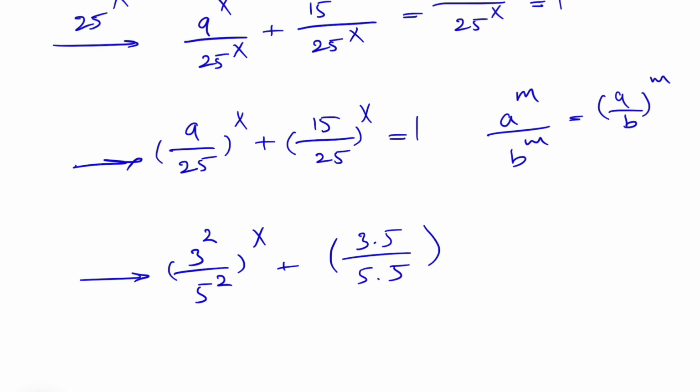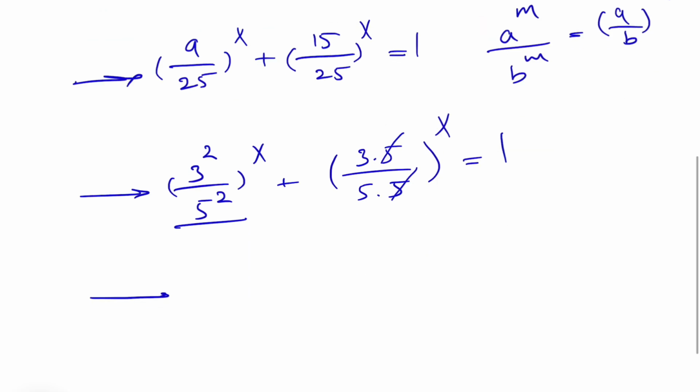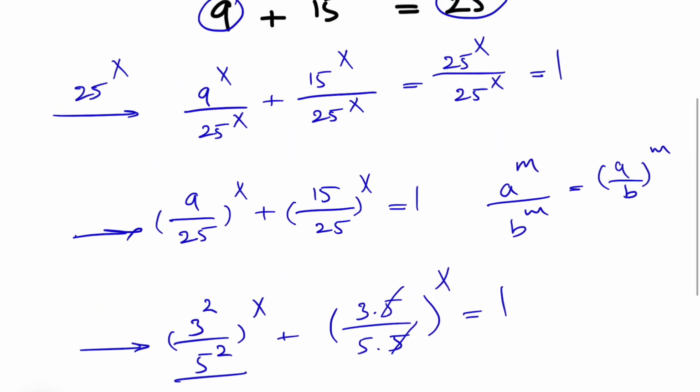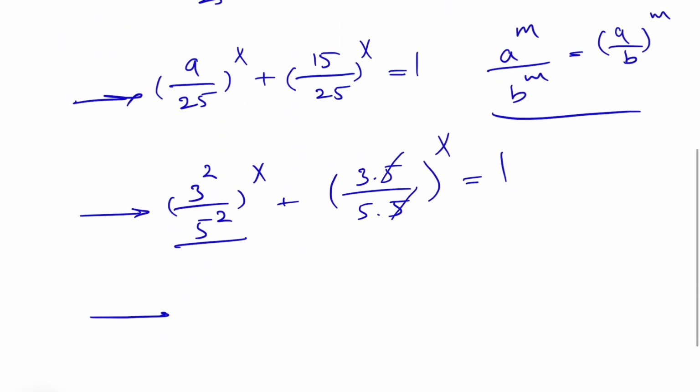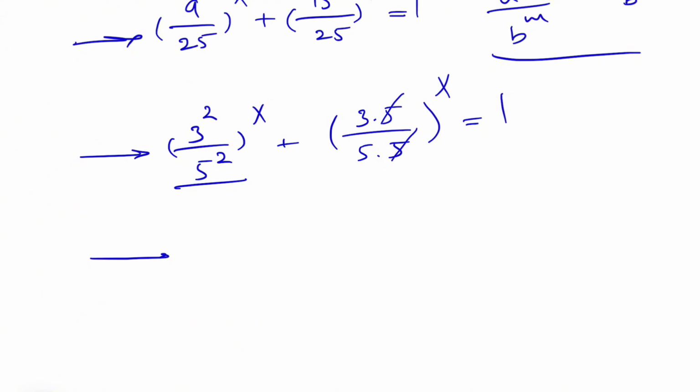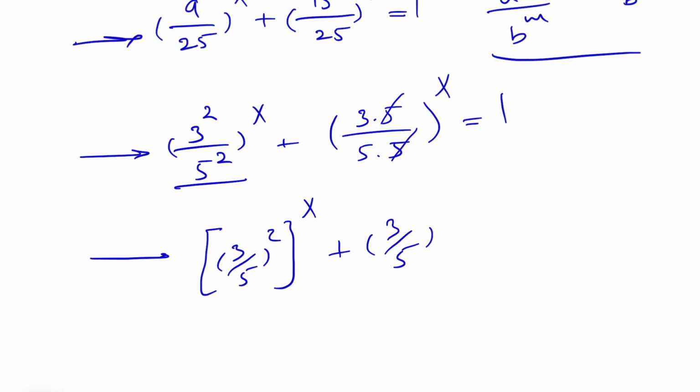So we can simplify this ratio, or we can use what we talked about earlier for this one too. So basically we have 3 over 5 to the power of 2, and this will be to the power of x, plus 3 over 5 to the power of x is equal to 1.